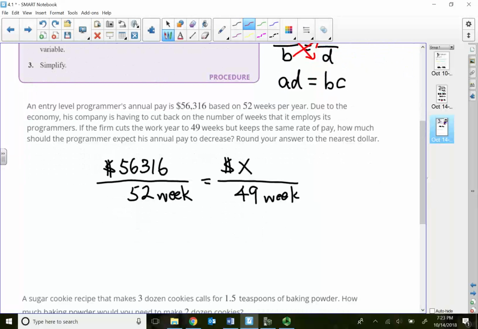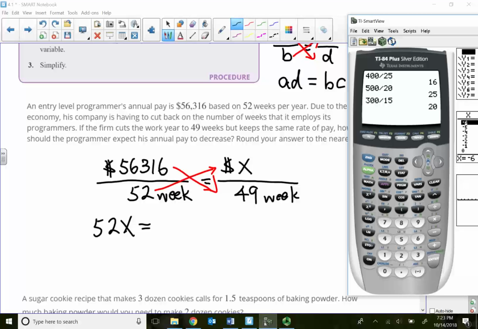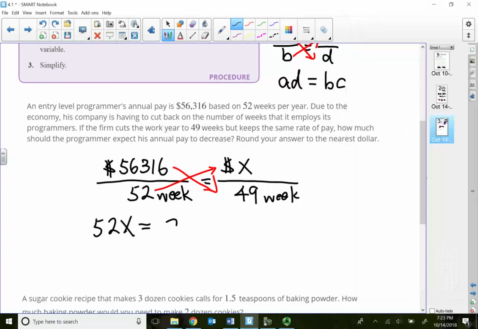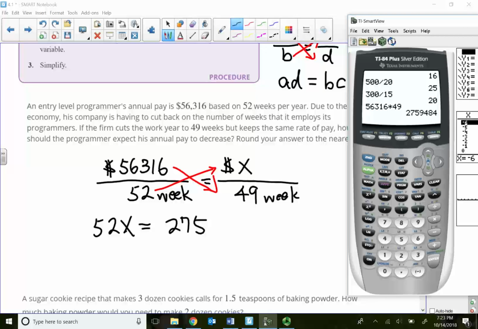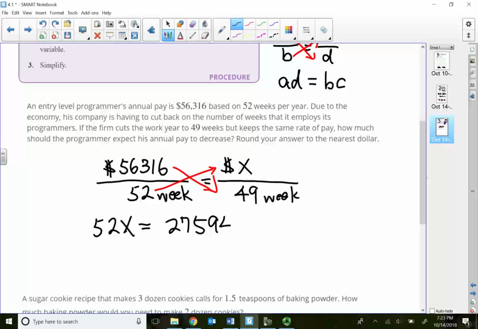Let's use the cross product. We take 52 weeks times X dollars, which is 52X, set equal to multiplying diagonally, 56,316 times 49. That gives me 2,759,484.